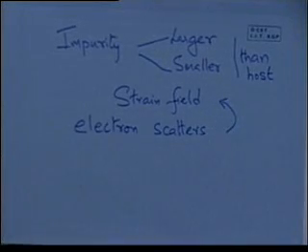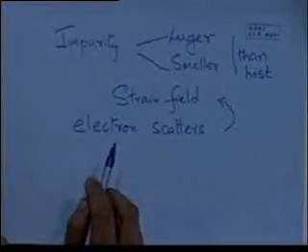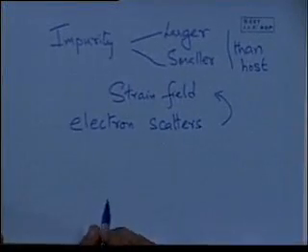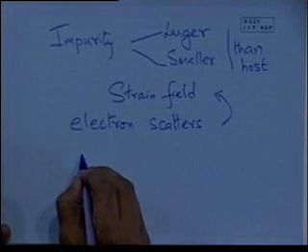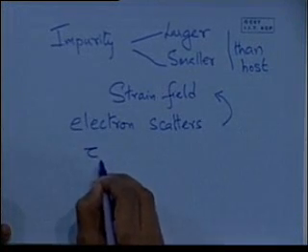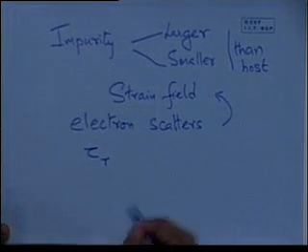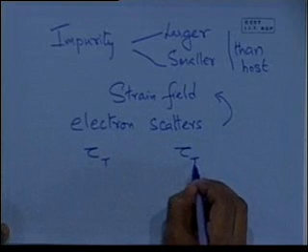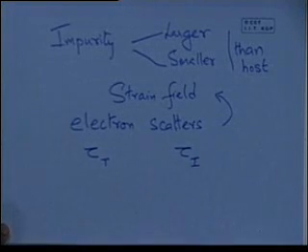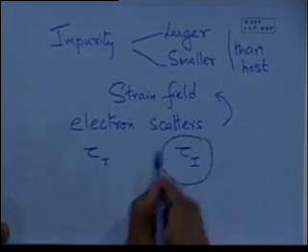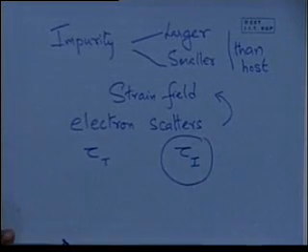So the atoms of the host lattice themselves vibrating produce scattering, which we saw has a temperature dependence, rho proportional to T. In addition, now we have scattering from the strain field that is related to the impurities. So we have two scattering times, one that is temperature dependent, which we saw earlier, and now we have another one that is impurity dependent. And we have to see how these add up in the material, how we may look at the temperature dependence of this, if there is any temperature dependence.